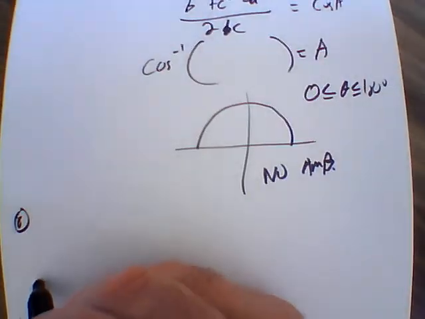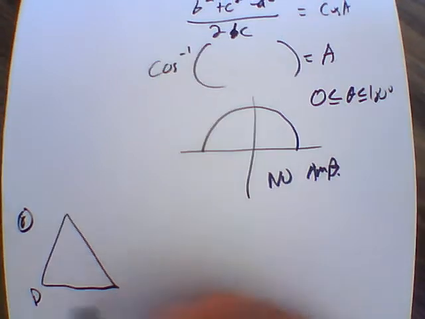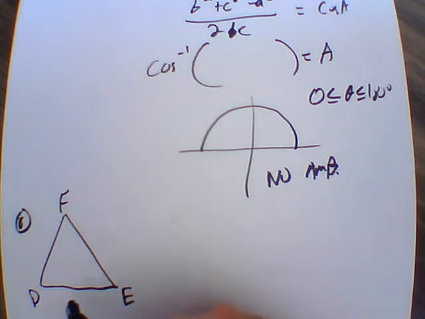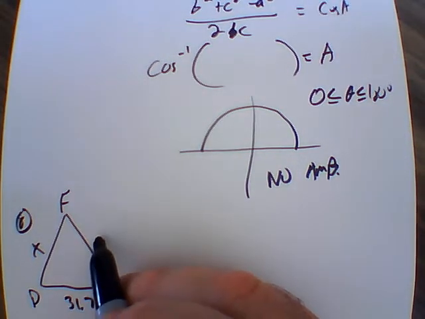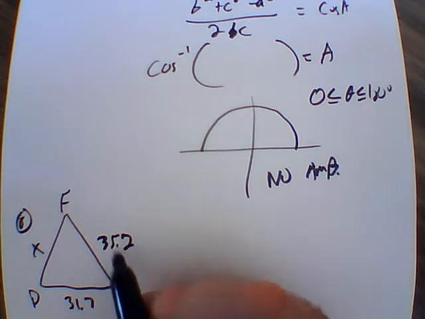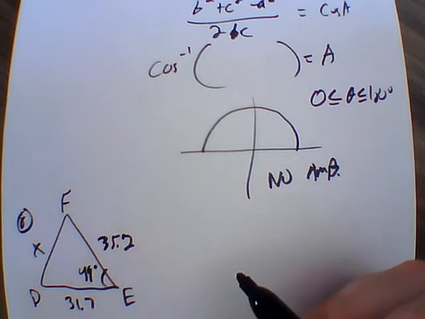So if we start looking at how these problems work, we're going to start with number 8. On number 8, they give us triangle DEF, and then this would be side x is what we're trying to find. We're given 31.7, 35.2, and then they tell us this angle right here is 49 degrees.